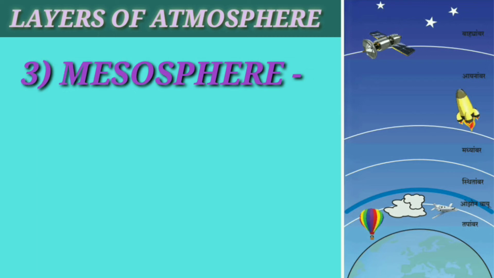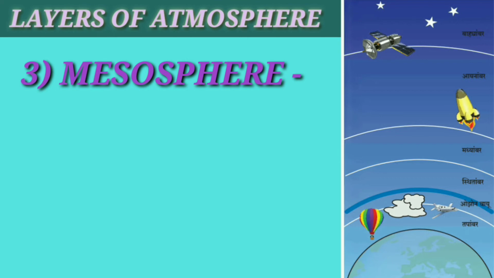Number 3. Mesosphere. The layer of air present between ionosphere and stratosphere is called as mesosphere. Mesosphere is present on the upper side of stratosphere. The temperature is low in the mesosphere.